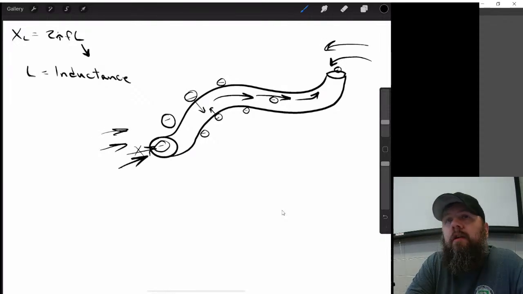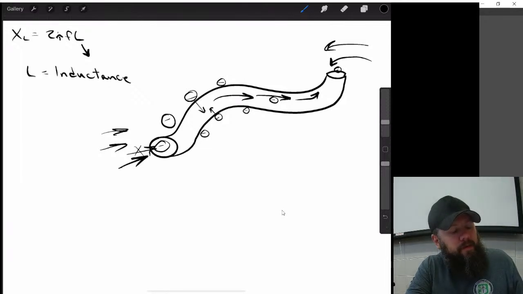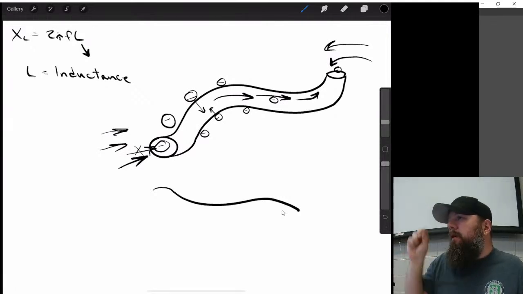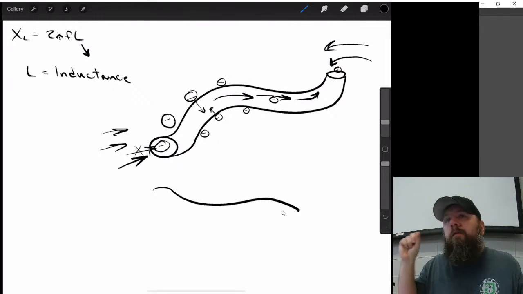The faster I do that, the harder it is for me to get current through there because I'm constantly fighting that flow. Now the first thing that happens when you did the coil and you pushed the button, it did let current flow for just a second, didn't it? Like that LED lit up for just a second.